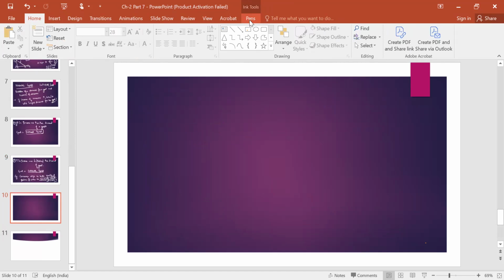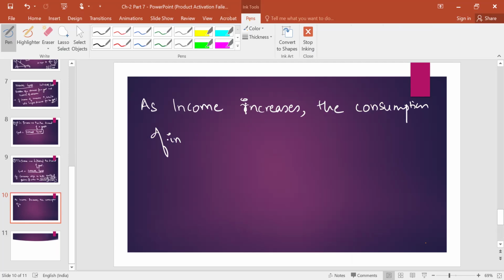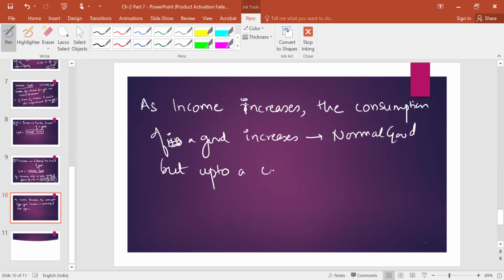Let's say, as we mentioned, as income increases, the consumption of a good increases, right? So it is classified as a normal good, but only up to a certain level of income, right?